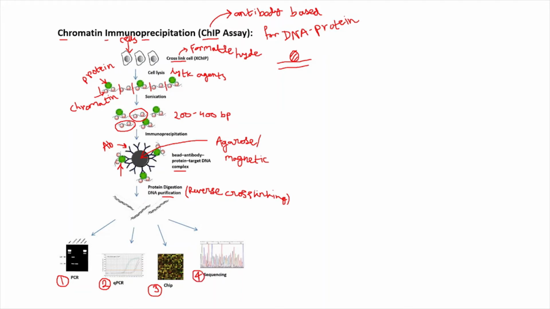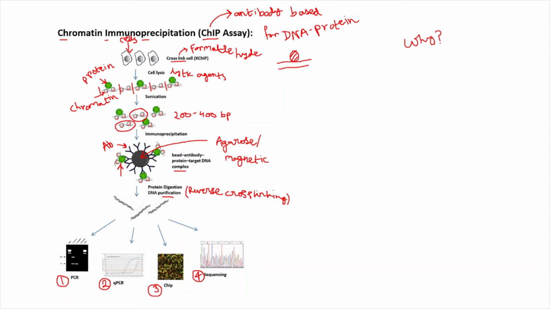So you can perform chromatin immunoprecipitation. In chromatin immunoprecipitation, you can perform DNA analysis by any of the following methods: PCR, qPCR, microarray, or automated DNA sequencing. Now the question arises, why will we use chromatin immunoprecipitation?